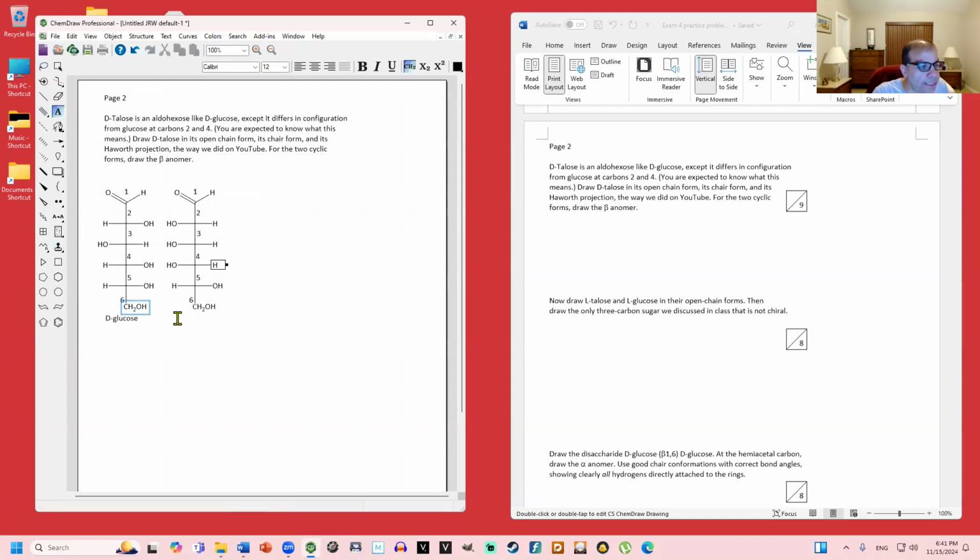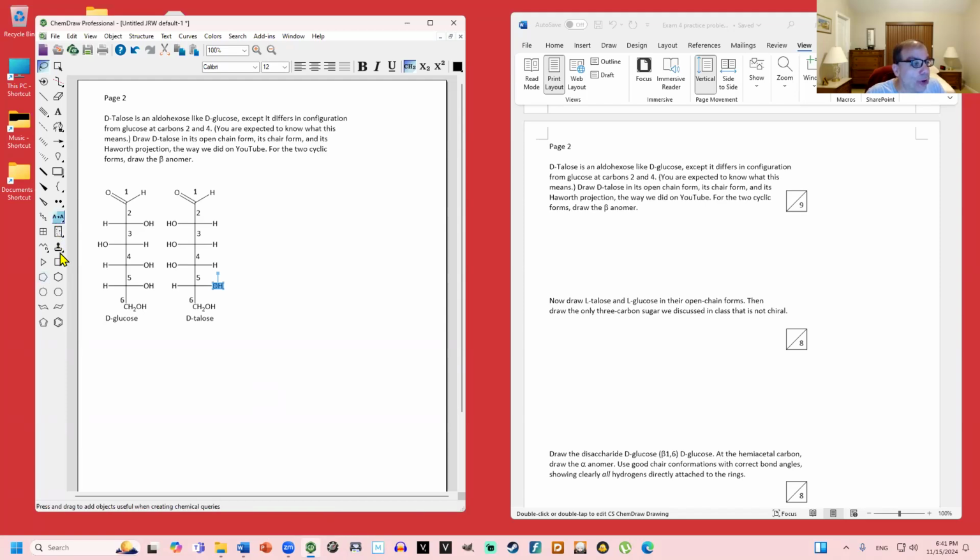And so this would be D-talose. As you see, it differs from glucose at carbons 2 and 4. This OH, of course, we must never touch as long as we're dealing with D sugars, because the D sugars have to have that OH on the penultimate carbon pointing to the right. If that changed, we would no longer have a D sugar. We'd have an L sugar.